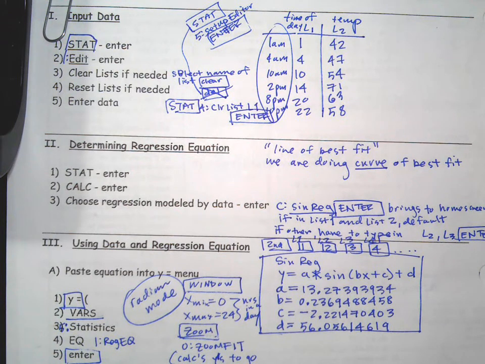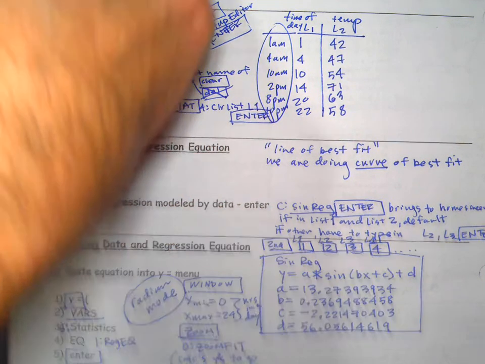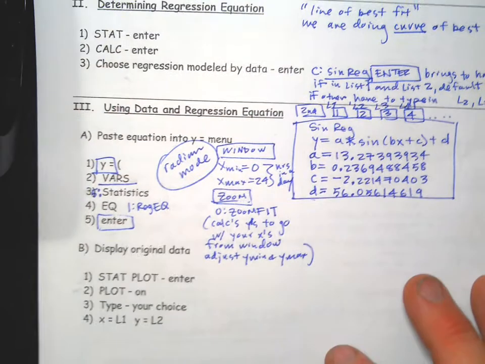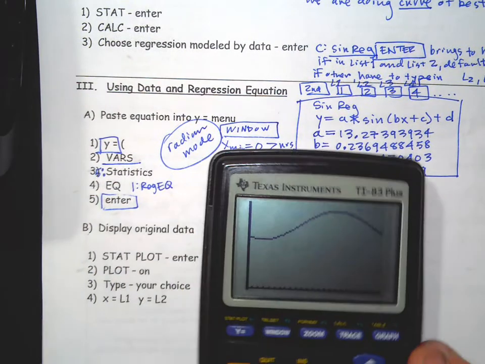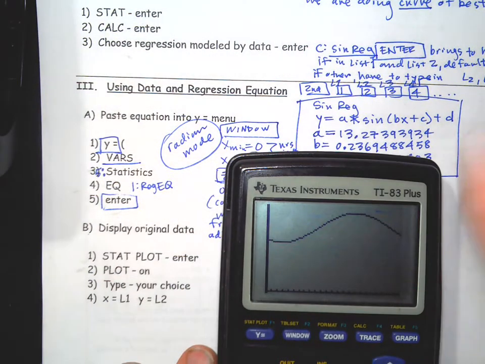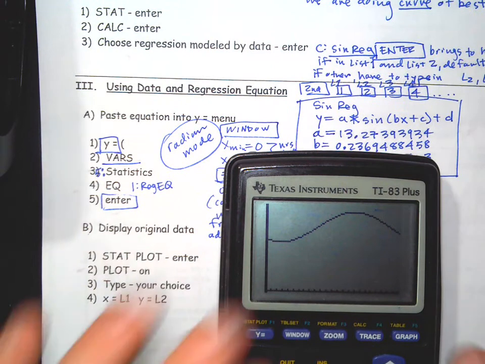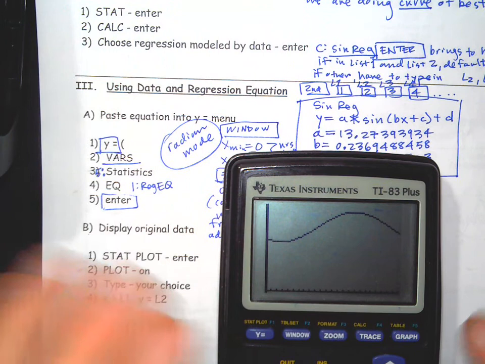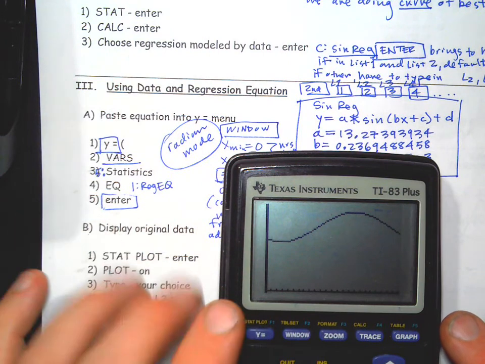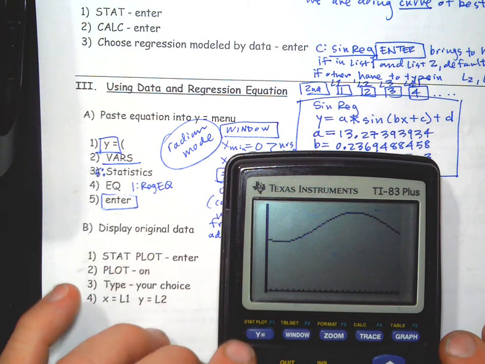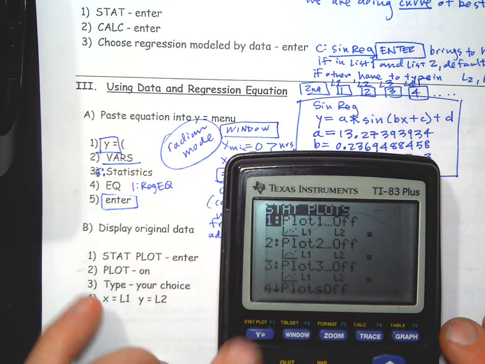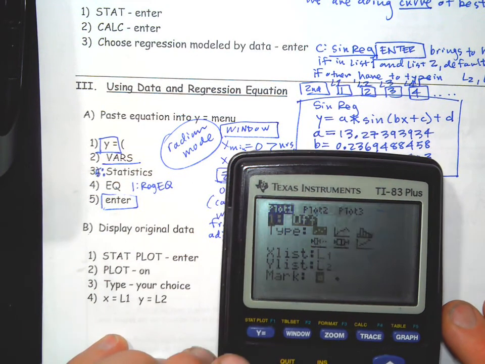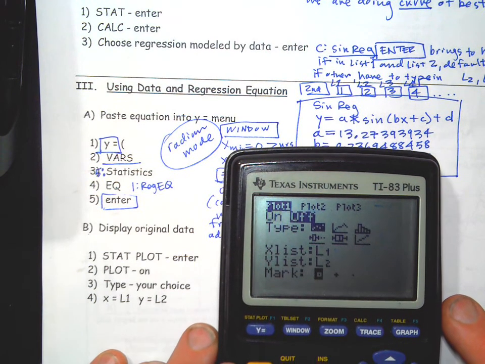Now here's a cool thing that we're not usually going to do, but I'm going to do it this time to help you understand what we're doing. We can actually display our statistics numbers on here, and they're not going to fit this graph perfectly. The way you do this, and usually I'm not going to do this because it potentially causes a problem, go to stat plot, turn the first one on.